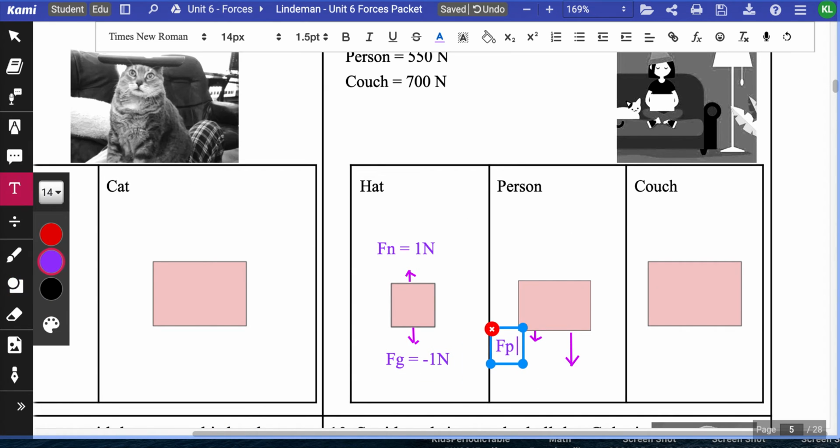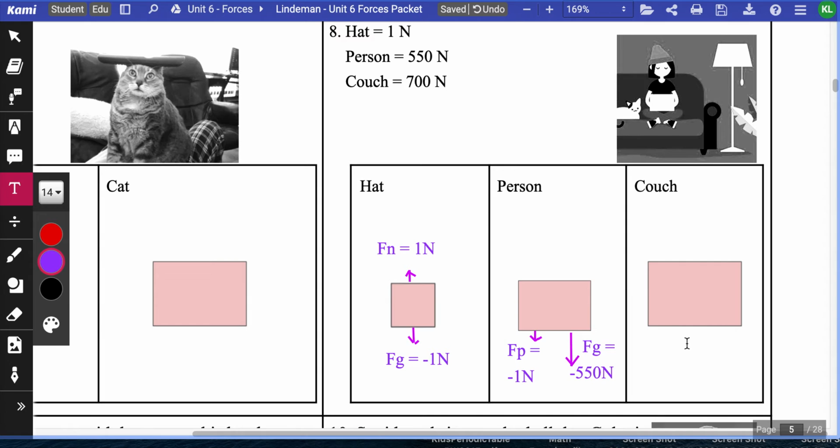So this is Fp is equal to -1 N. And again, I'm just arranging that so that it's obvious what's what. Fg is equal to -550 N. And again, just organizing this so that it fits in that space.